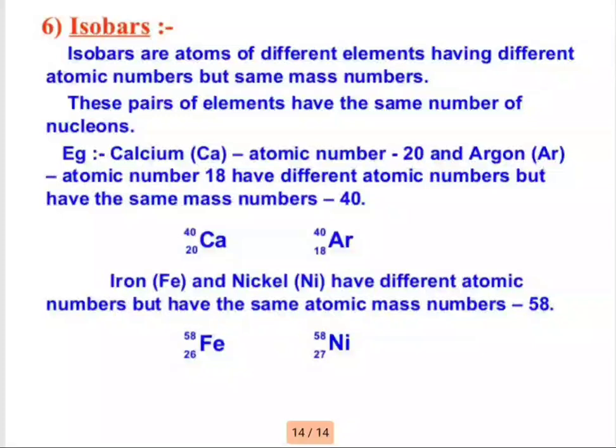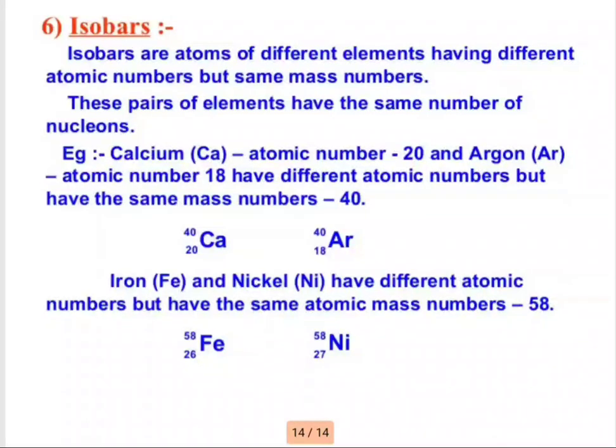So next we will discuss isobars. Isobars are atoms of different elements having different atomic numbers but the same mass number.